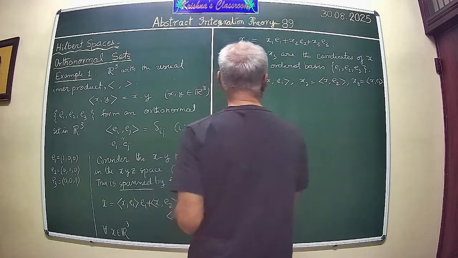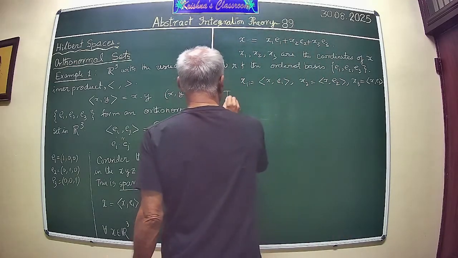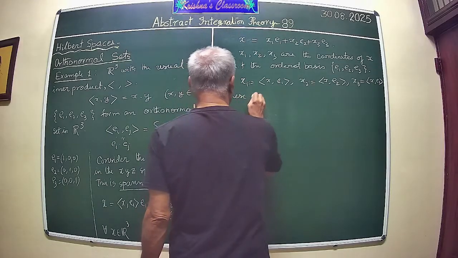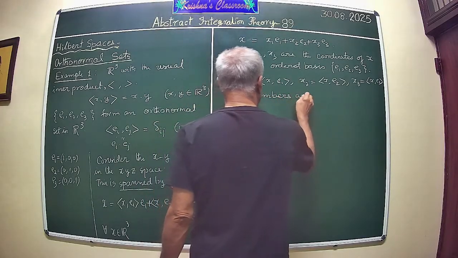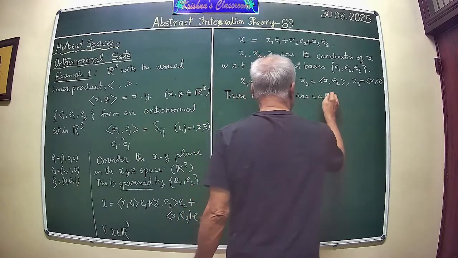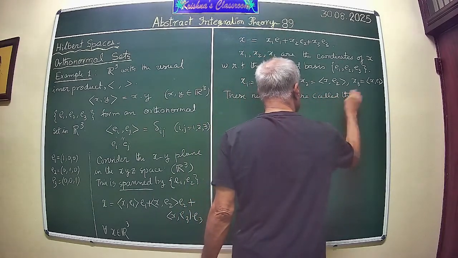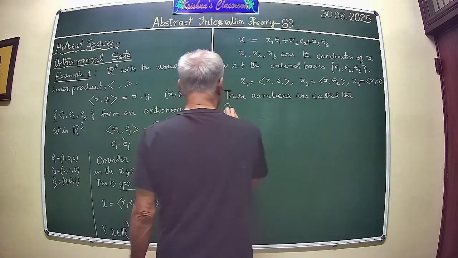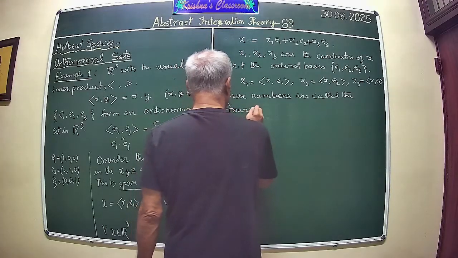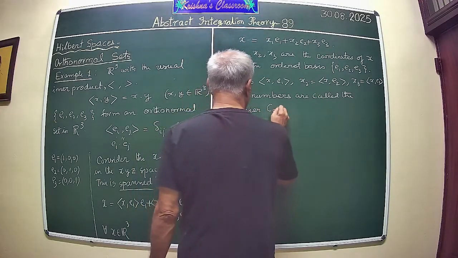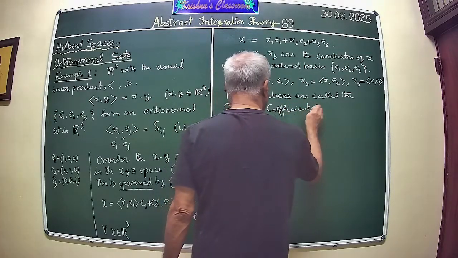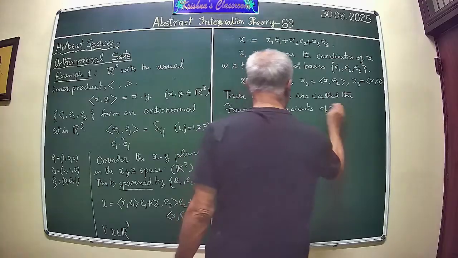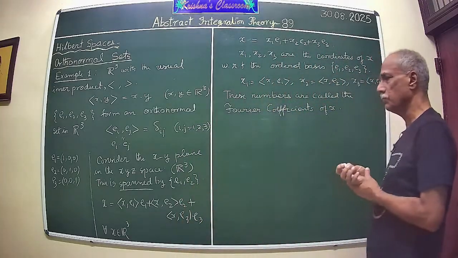These numbers are called the Fourier coefficients of x.